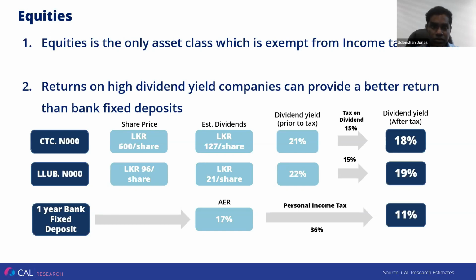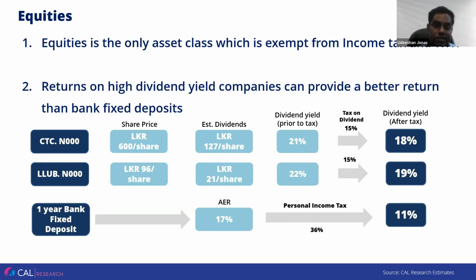So we are suggesting using the share market, investing in high dividend yielding stocks, as an alternative to a fixed deposit, which gives a similar return, or you're getting a better return compared to a bank deposit in this particular case. Equities also have an added benefit, because we're only talking about dividend returns here.